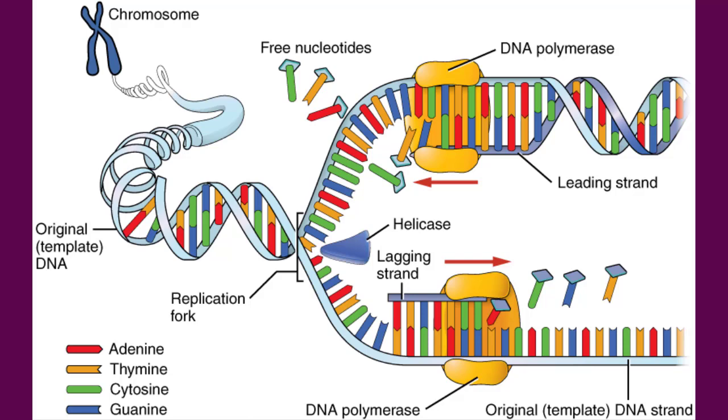DNA replication is the copying of DNA that occurs before cell division can take place. This is a picture of DNA replication. DNA replication faithfully duplicates the entire genome of the cell. During DNA replication, a number of different enzymes work together to pull apart the two strands, each of which can be used as a template to synthesize new complementary strands.